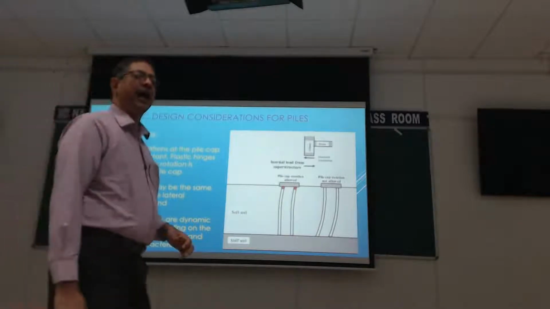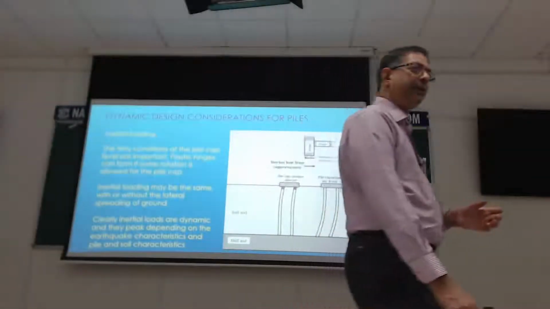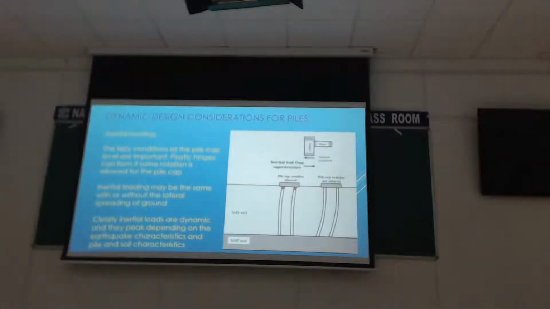So clearly, the amount of inertial loading depends on quite a few things. One is, of course, how big is the building on the top, the mass of the building. And the other thing is, how big is the earthquake we are designing for. And last but not the least is the soil characteristics.